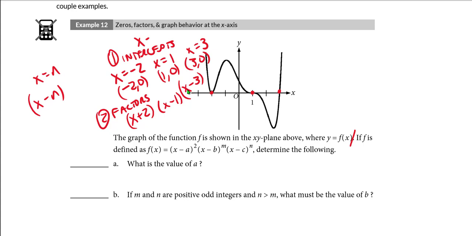And from that point, I probably can start looking at the exponents. What I mean by that is I can see that at this 0 here, which corresponds to this factor, I'm touching, I'm not going through, I'm not crossing, I'm just tangent to, which means the exponent on this factor needs to be even.